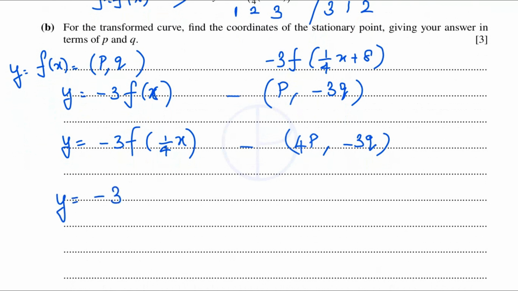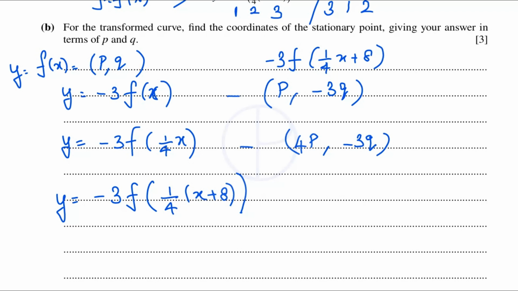And next we will apply the translation along the x direction, and the translation factor is negative 8. Because x plus 8 is given here, the translation factor will be negative 8, and it is translated along the x direction.